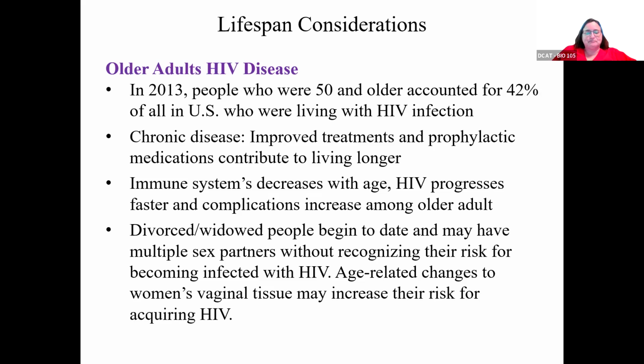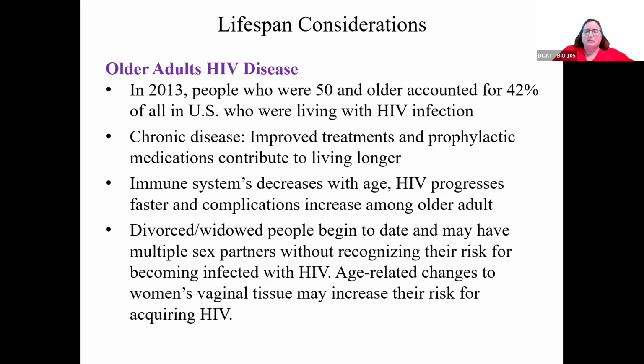transmitted to them. And then also in the female, as the female gets older, the vaginal tissue may increase their risk for acquiring HIV. And the reason why, and I'm a person, I always want to make sure you understand the why. And as a student, when you move into nursing school, you want to always think about the why of everything.